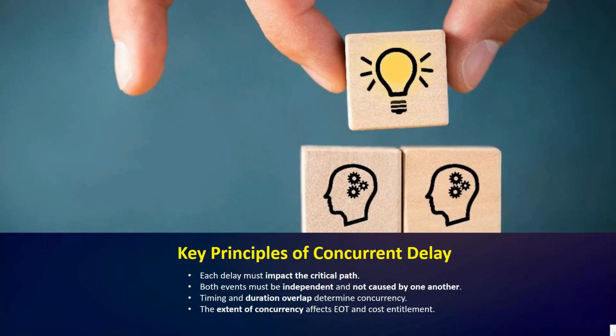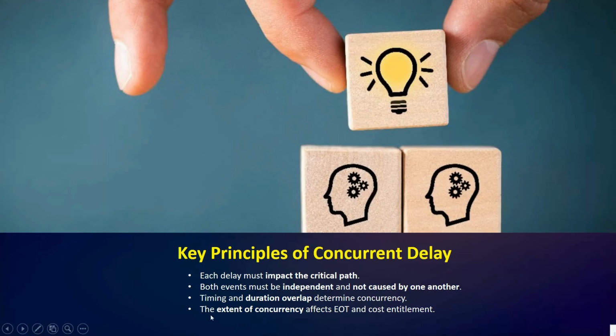Next we have key principles of concurrent delays. There are a few important principles that define concurrency. Each delay must impact the critical path. Both events must be independent and not caused by one another. Timing and duration overlap determine concurrency.